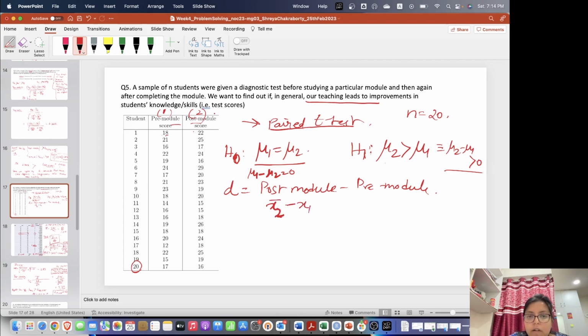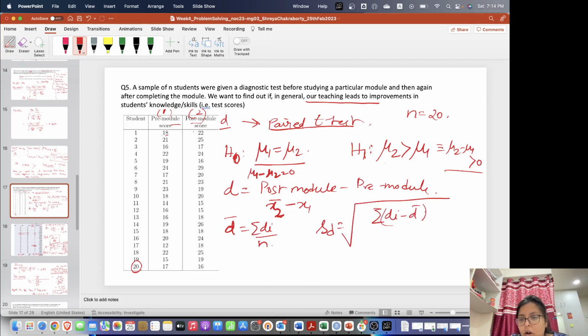So we are calculating these D values, getting D bar as summation di by n, getting SD as square root of summation di minus D bar whole square by n minus 1. Taking the differences, squaring it up, adding it up, dividing it by 19, taking the square root, and then we are getting SD.